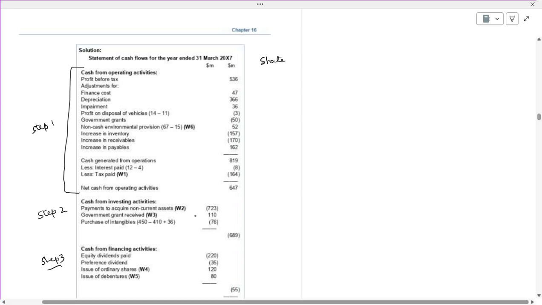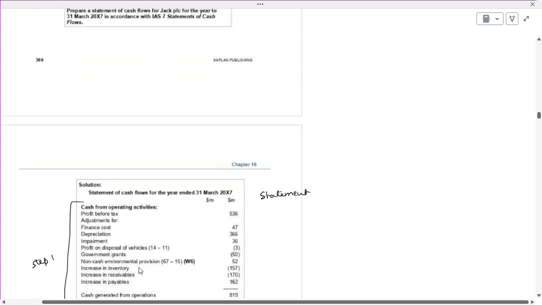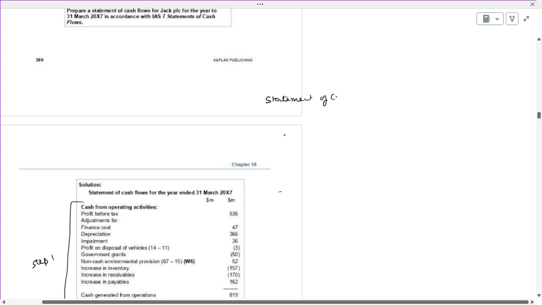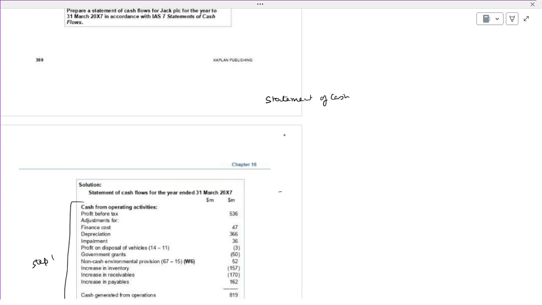There will be a lot of workings, and the workings will be only in the T-shape account. Statement of cash flow.